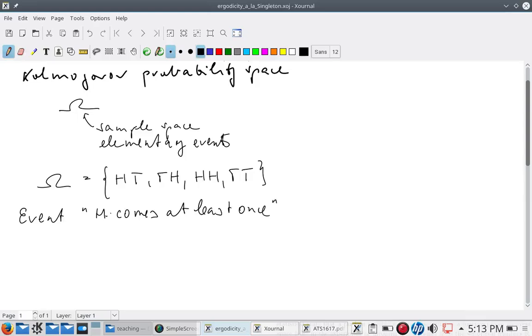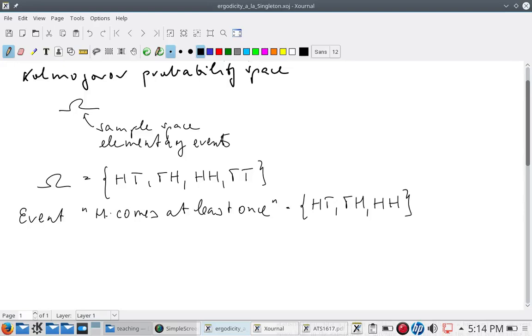That would be transferred into a set, and that set would consist of elementary events. So we would define this event by collecting all elementary events which lead to this event coming true. So it would be, okay, head and tail, meaning head comes once, or first comes tail, then comes head, or head and head comes. So that would be an event over which we want to assign a probability.